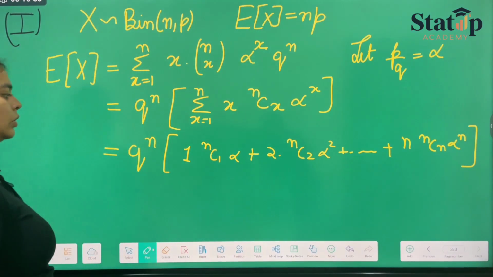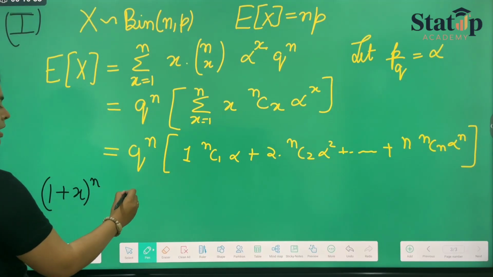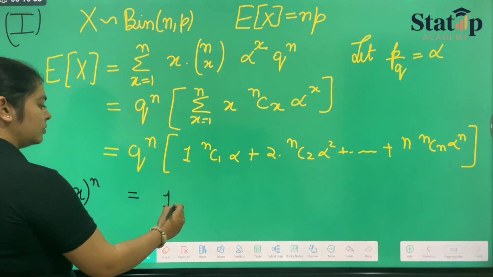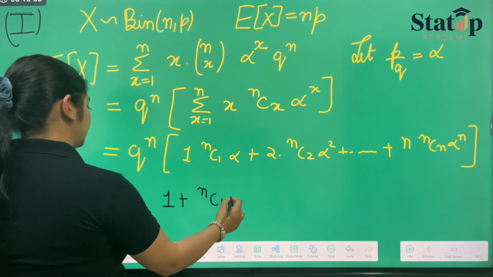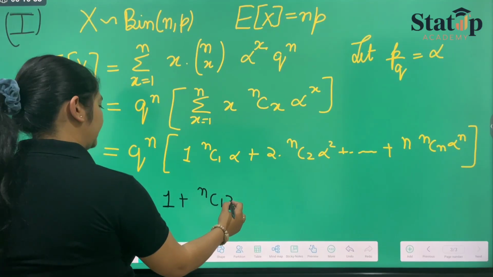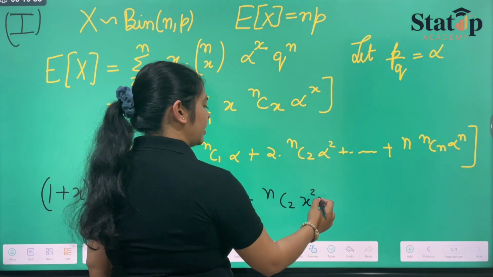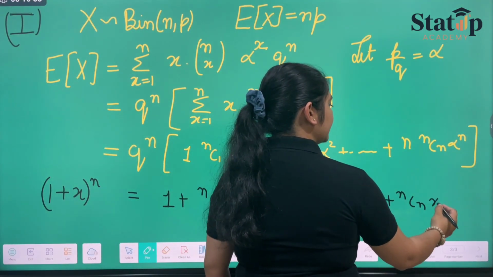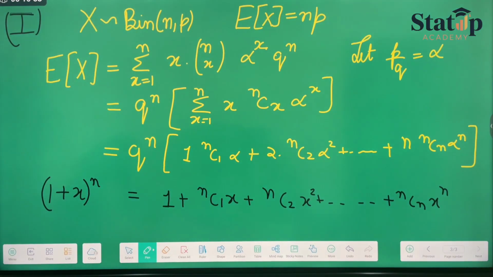Now we know that one of the theorems is, if we talk about 1 plus x raised to the power n, then this will be 1 plus nC1 x plus nC2 x square, and so on till nCn x raised to the power n. This is our theorem for that.